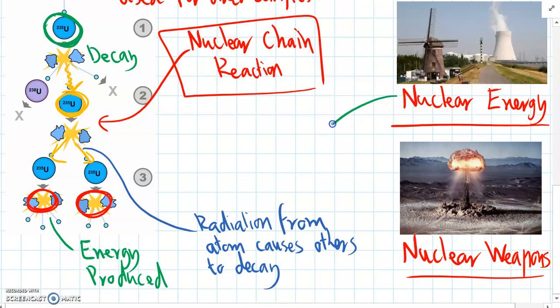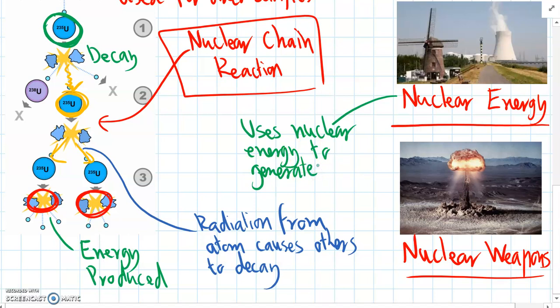So nuclear energy uses the energy to heat water and then spin a turbine to make power. So it takes that energy from a chain reaction to generate power.